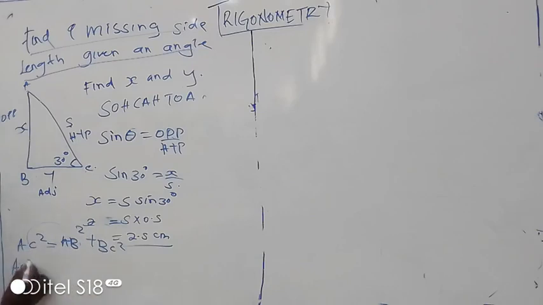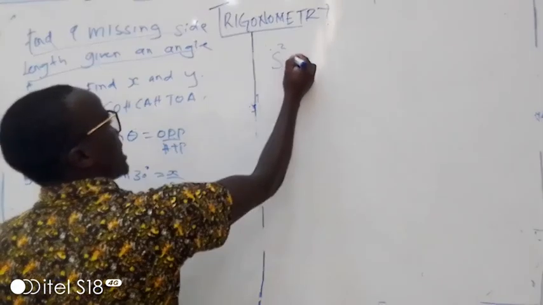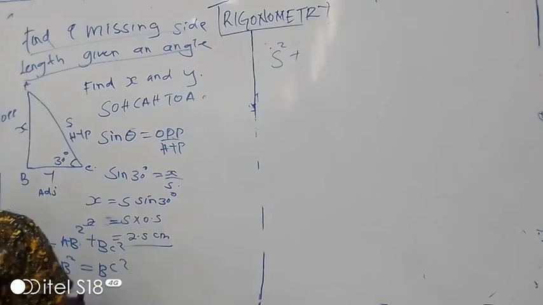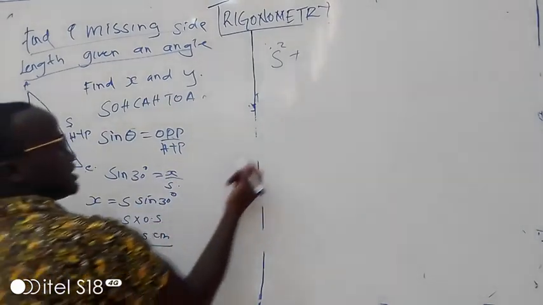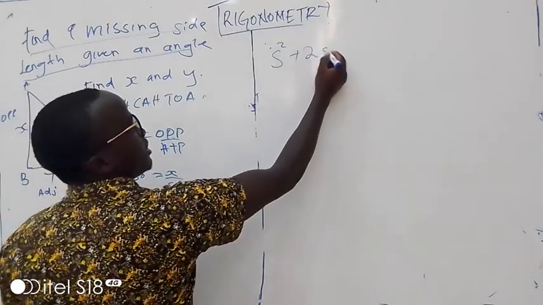So AC squared minus AB squared is equal to BC squared. Here AC we are given as 5, squared, minus AB, which is x, which we found as 2.5, squared.